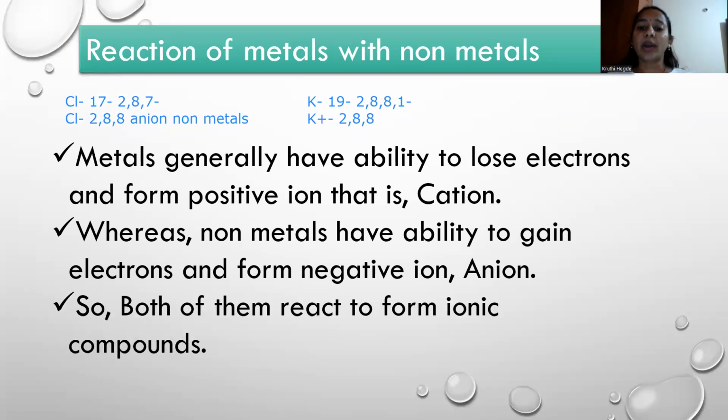So both of them react to form ionic compounds, because they form the respective cation and anion. Hence they are ionic compounds, compounds formed by the combination of ions. Metals form cations and non-metals form anions.